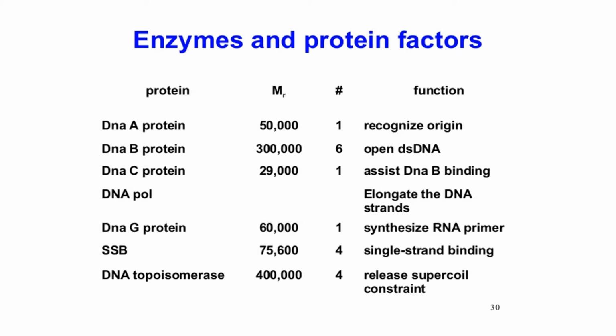What is the function of DNA topoisomerase? It releases the supercoil constraints. What are those supercoil constraints? Whenever the two strands of the DNA open, they swirl around each other or around themselves. So that supercoiling has to be released for further replication.